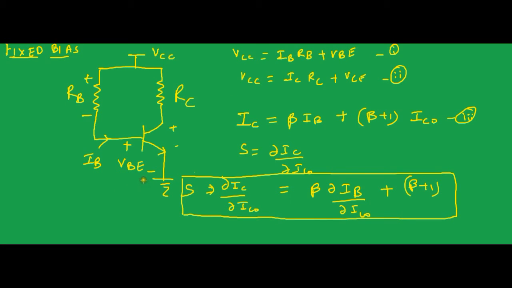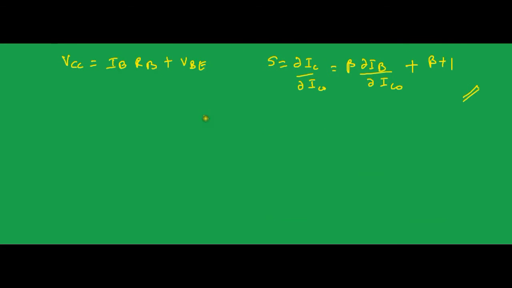So let me take another page. We'll differentiate this equation with respect to delta ICO. Since VCC is constant, the differentiation of VCC with respect to ICO is 0. In the same way, RB is constant. So this will be delta IB upon delta ICO.